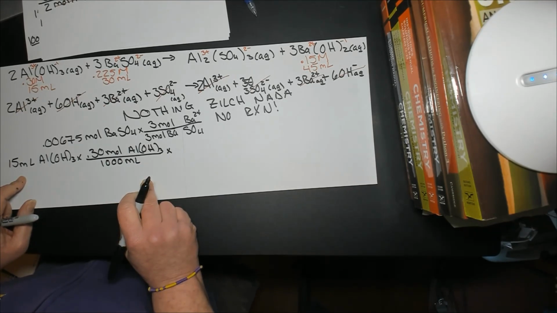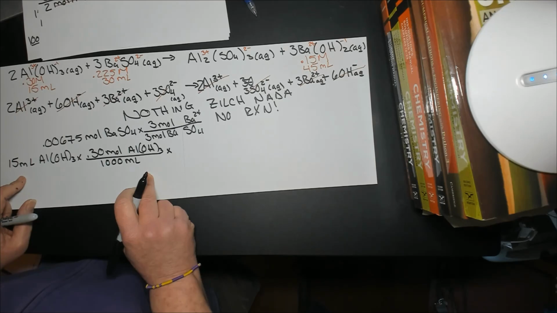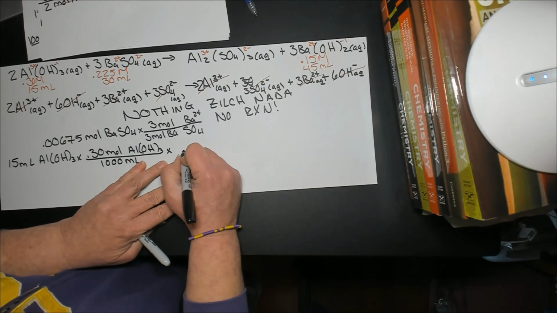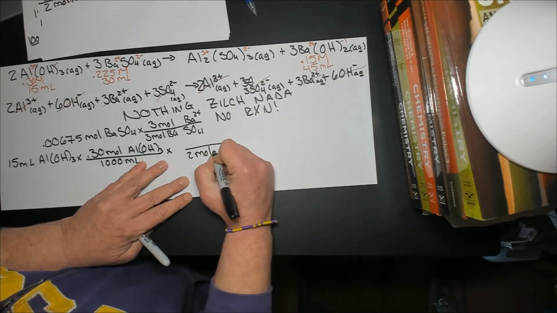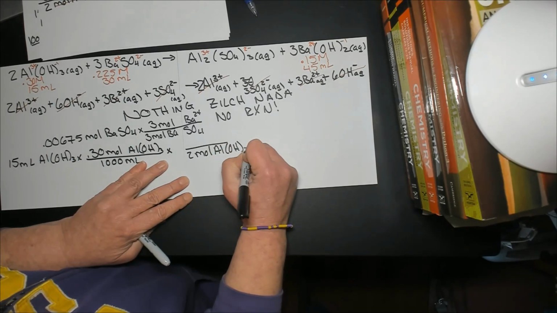Now, if I want to know what the concentration of each is, first I need to find out the moles of each. So in this one, I have, times my stoichiometric coefficients, 2 moles of Al(OH)3.